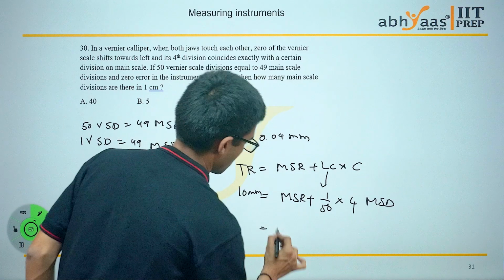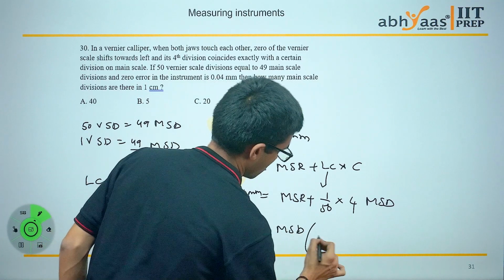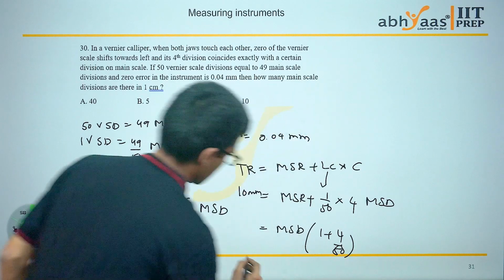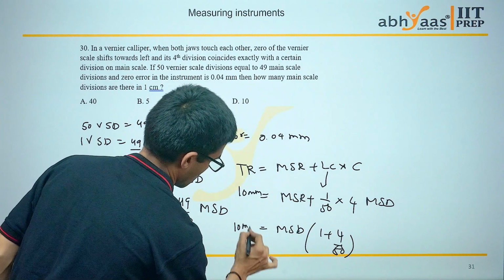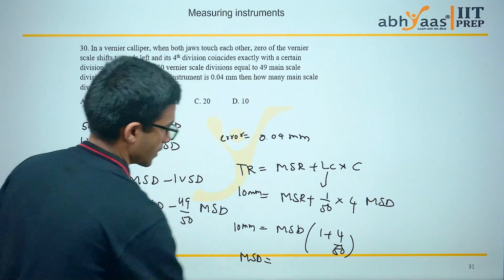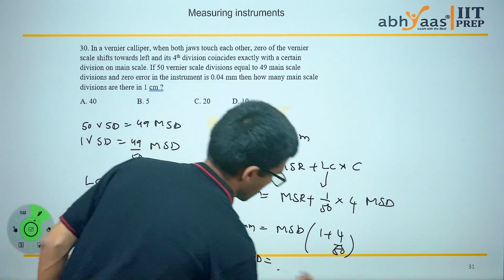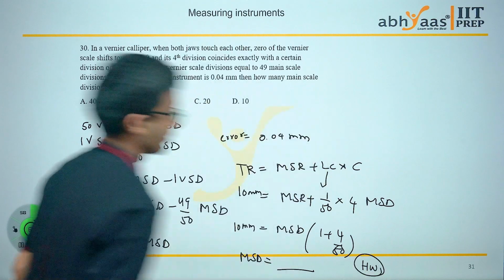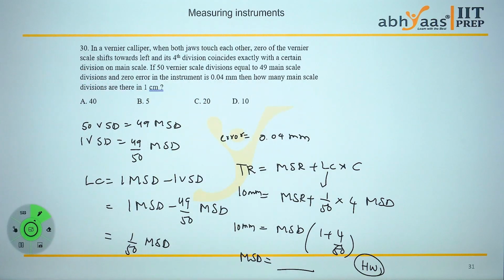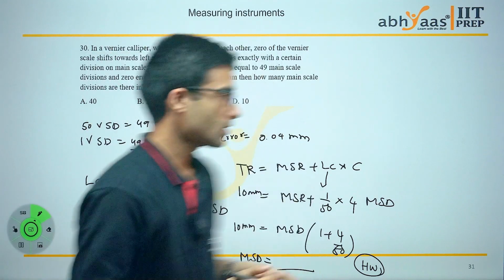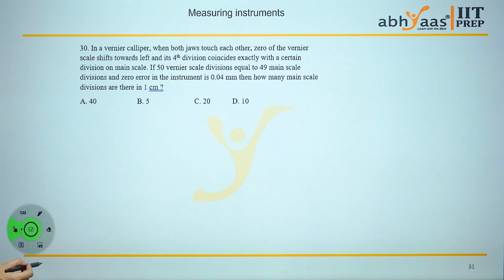So MSD you can take as common, that is 1 plus 4 by 50. You calculate this one, main scale division. So just a simple calculation only. I am giving the calculation as homework. Now you just observe, so many questions are related to vernier calipers only.